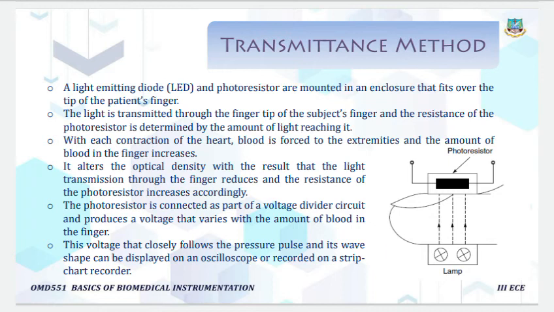I think from this figure you will understand what we are going to see in this transmittance method. In this transmittance method we are placing this device on the fingertips. This is the finger and this is the device.